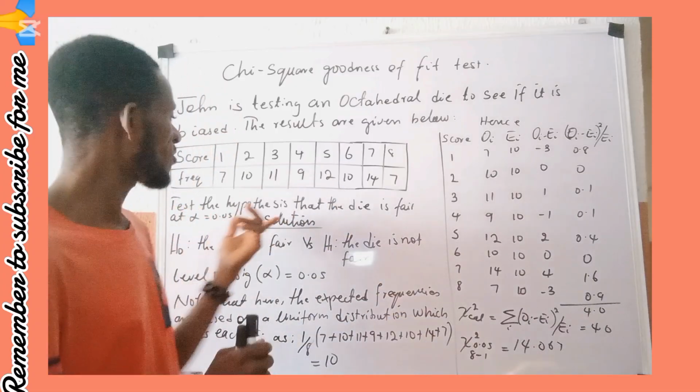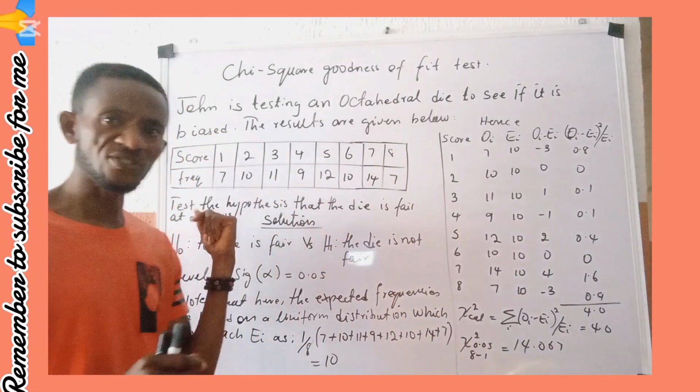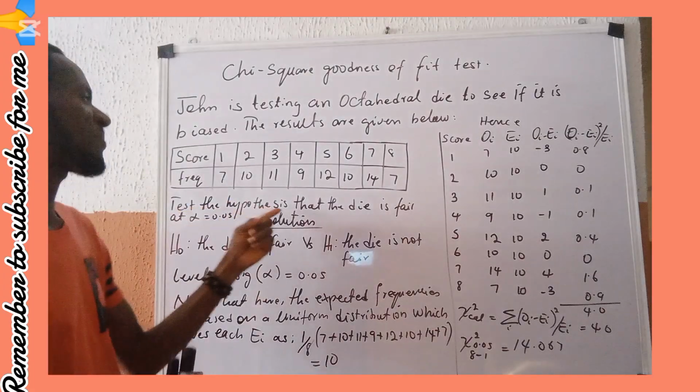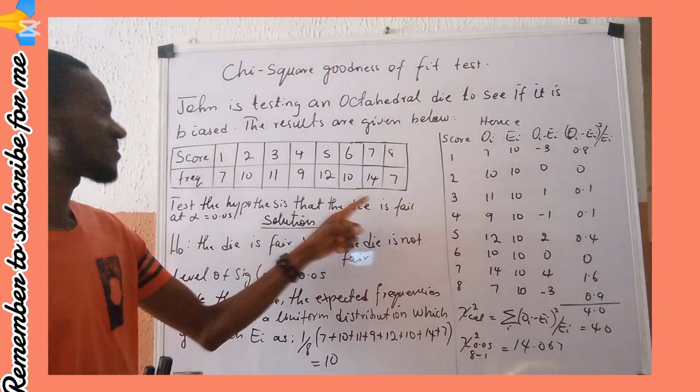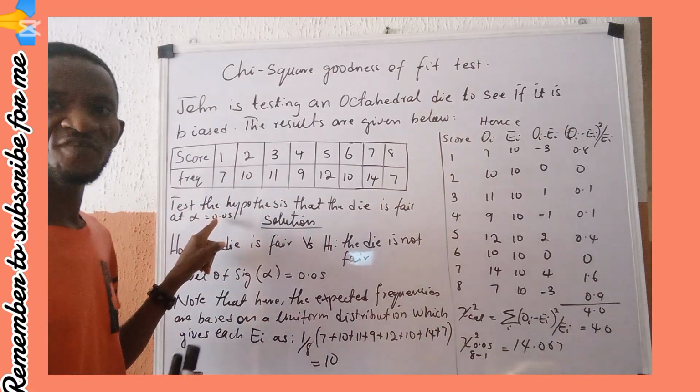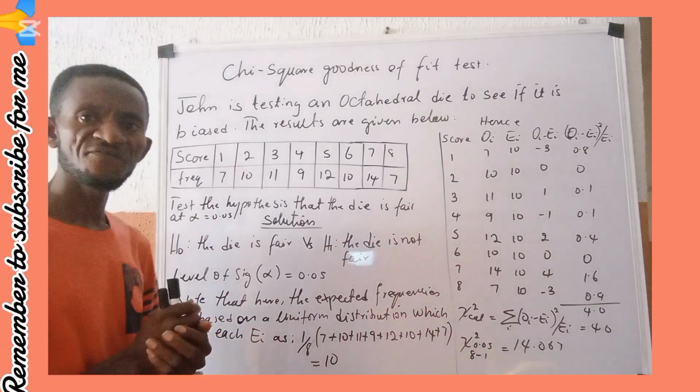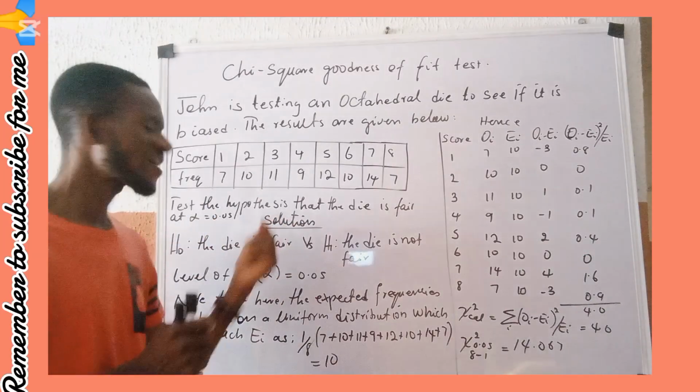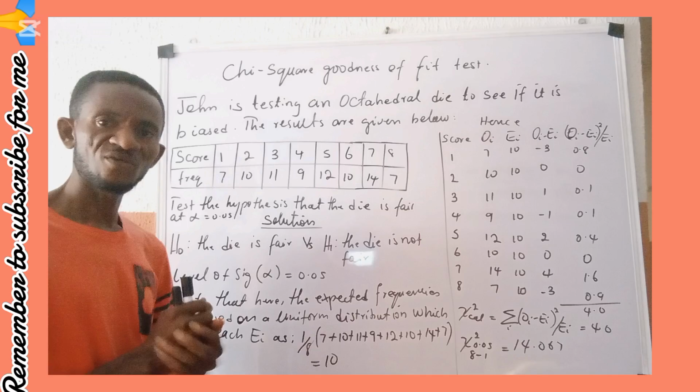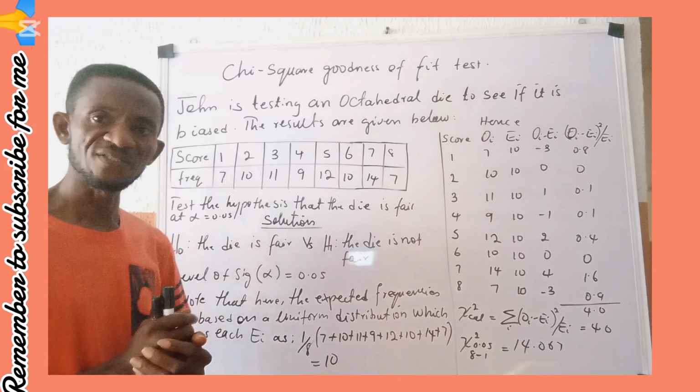As a way of providing the solution to this question, we were asked to test the hypothesis that the die is fair at alpha of 0.05. So we have here as a solution: we begin by stating the hypothesis.